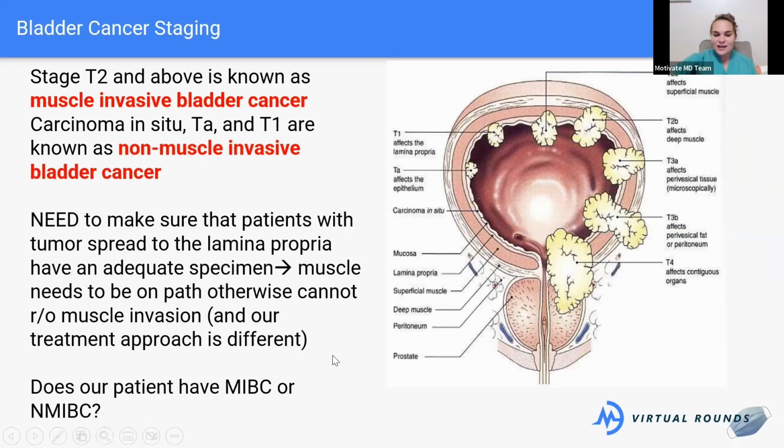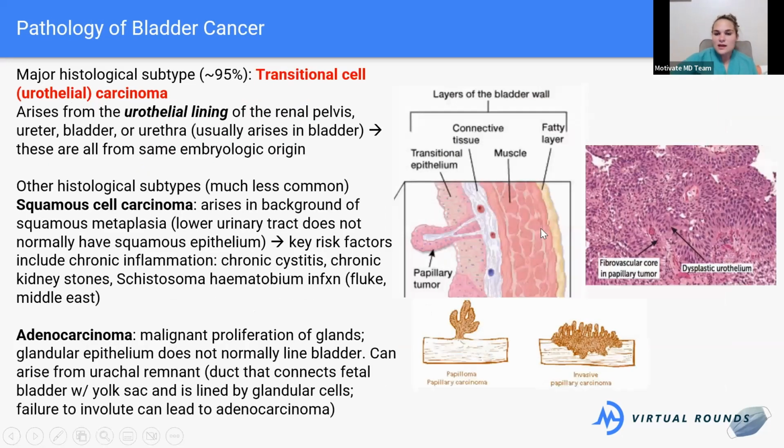Yeah, no, that's fine. So stage is the size and the spread of the cancer. Cancer that is confined to the epithelium, if we go back and look at this, confined to the epithelium right here, that would be carcinoma in situ.